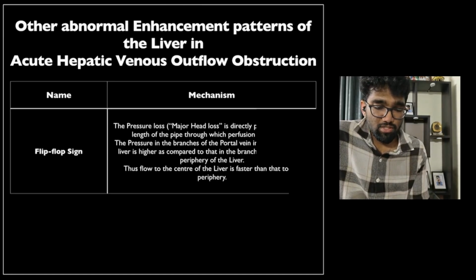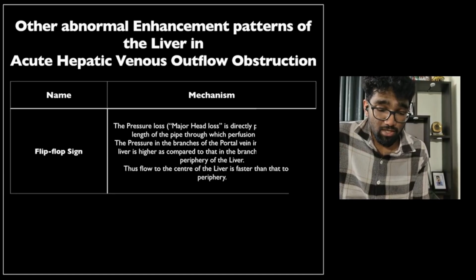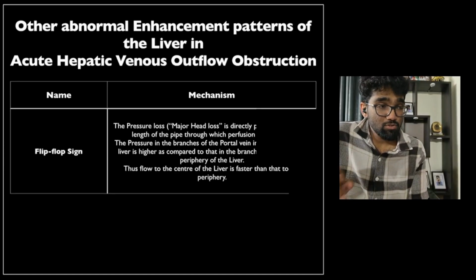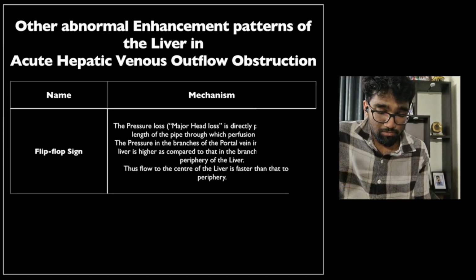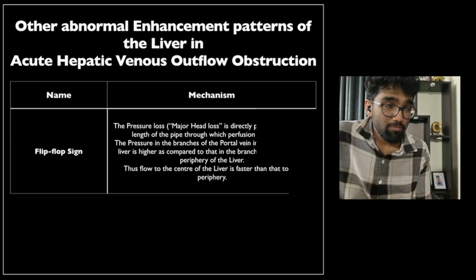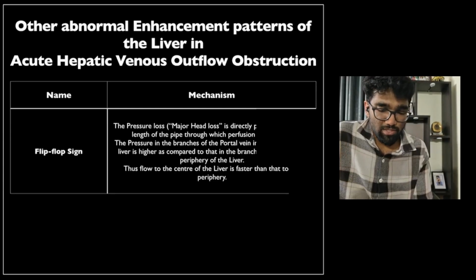The reason for this is the loss of pressure, which is technically called the major head loss, which as we've discussed in our discussion on the histological variants of FSGS is directly proportional to the length of pipe, as per the Darcy-Weisbach equation, through which the perfusion is occurring.